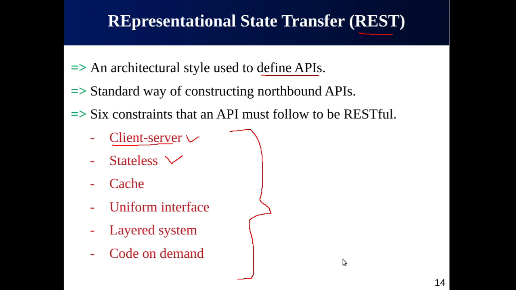But we do have support for cache. But to use cache, you need permission. And you are familiar with the concept of the cache. Actually, here in the context of REST, the cache constraint means that the data within a response to a request must be implicitly or explicitly labeled as cacheable or non-cacheable. If a response is cacheable, then a client cache is given the right to reuse that response for later use.